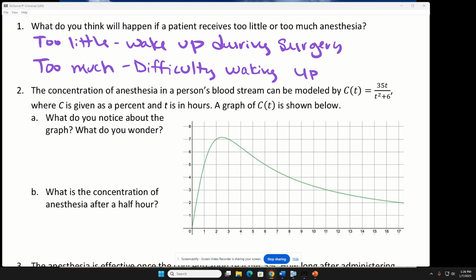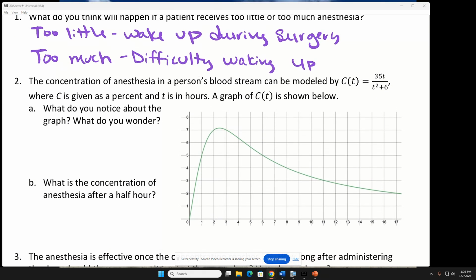You guys hate those questions, don't you? What did you say? No. Well, there is a maximum, so it does peak at a little over 2 hours, and then some people in my last class wondered when does that ever go to 0? And we'll talk about that in just a second. All right.